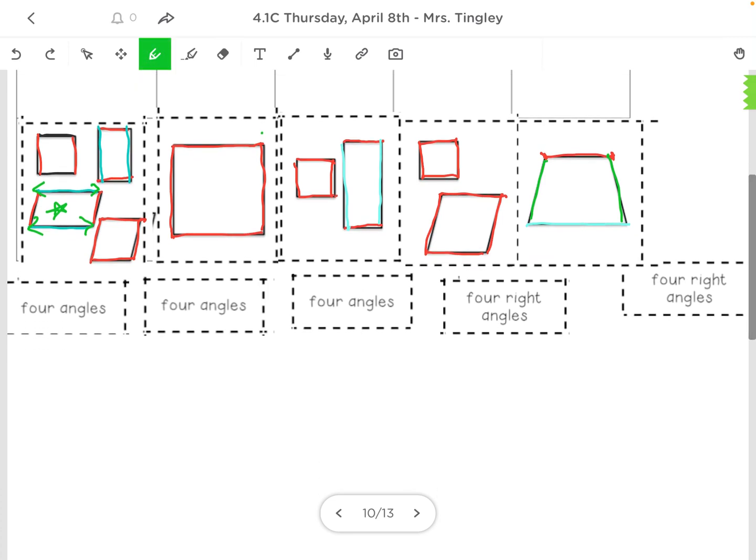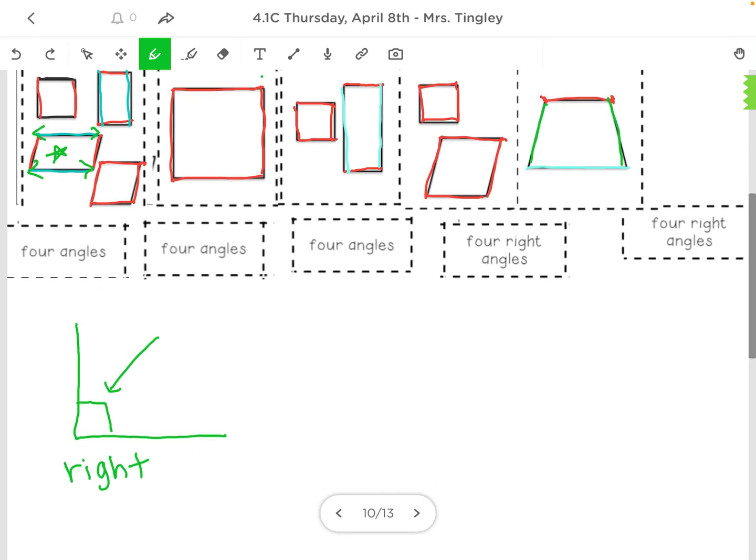Now let's look at the angles. Just as a reminder, one kind of angle is a right angle. That means that you could fit a square in the corner. A right angle is a 90-degree angle.